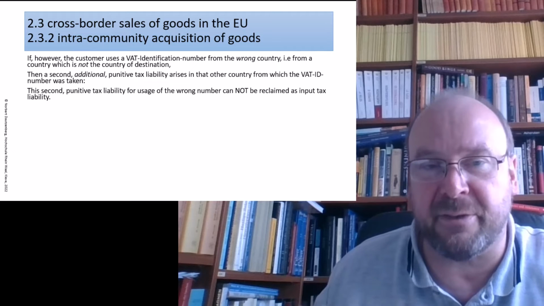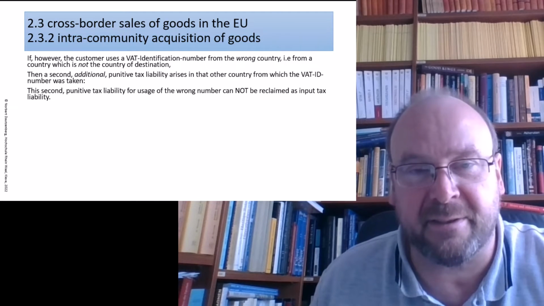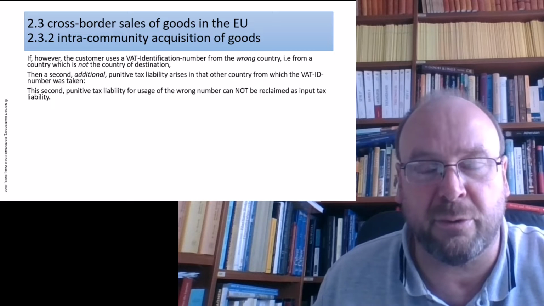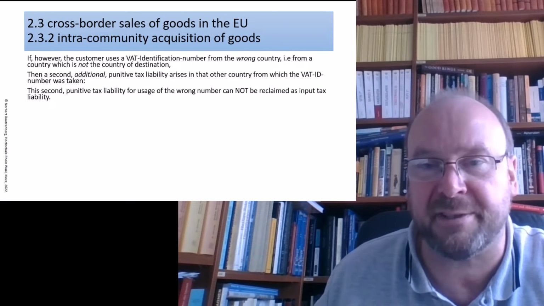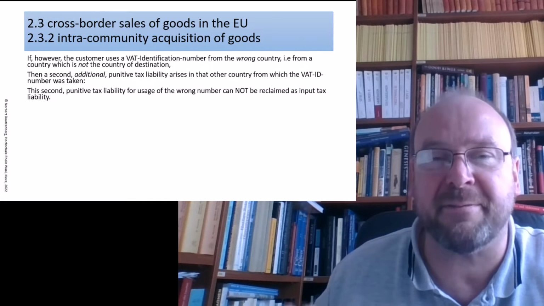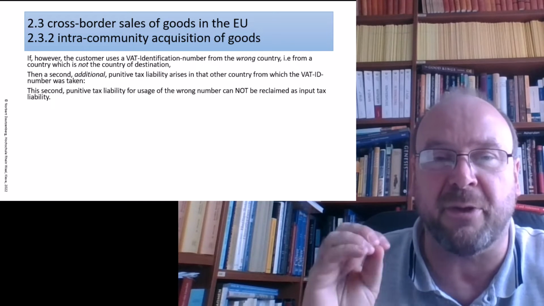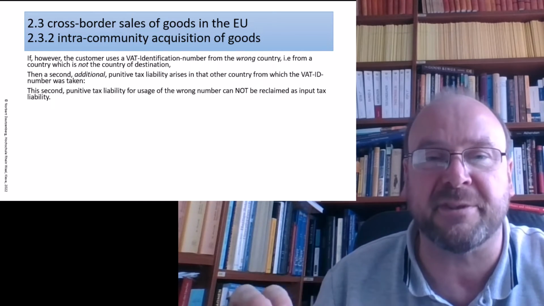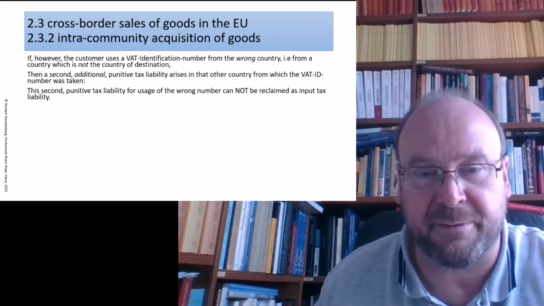And the trick is that second punitive tax in the country whose number you used cannot be reclaimed as input tax, because you can only claim the input tax for acquisition of goods which you bought for your enterprise, but not the tax for acquisition of goods which you have to pay due to an error of yours.